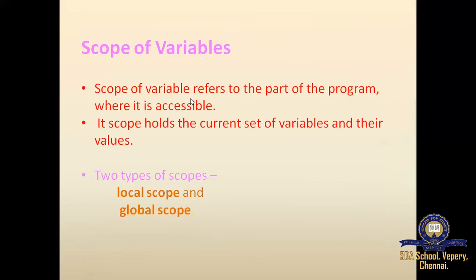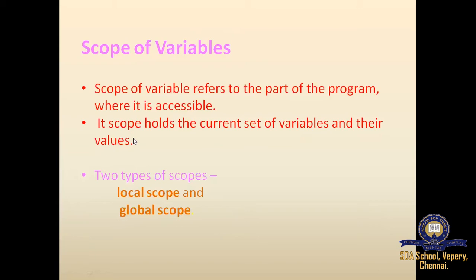Scope of a variable refers to the part of the program where it is accessible, where we can use it. Scope holds the current set of variables and their values.